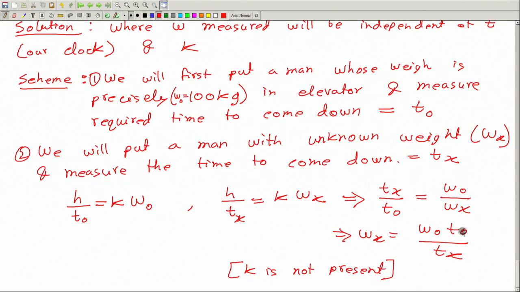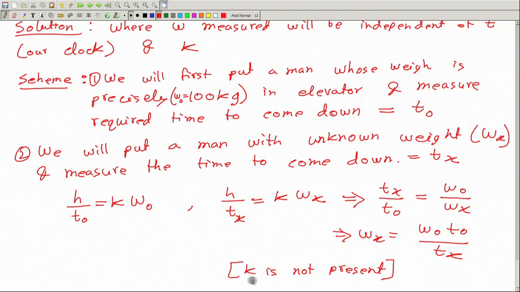And secondly, you see that we have a ratio of two times. So if we measure both these times with the same clock, then whether the clock is actually running faster or slower doesn't matter, because we are measuring with the same clock. If this is faster, this is also faster, their ratio will remain the same.